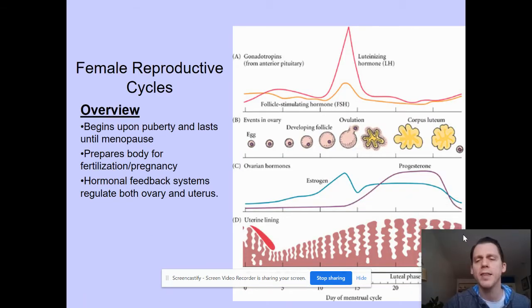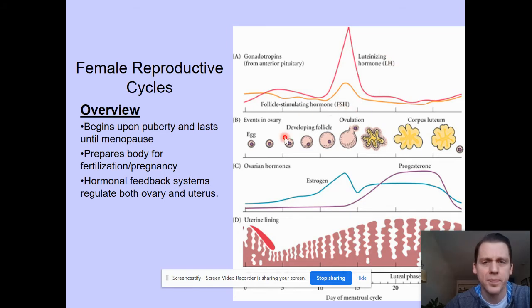So basically everything that happens with the ovary and with the uterus is all guided by hormones. Those four hormones that we talked about before, FSH and LH, and estrogen and progesterone, are going to guide this month-long cycle. So two of these hormones act on the ovary.